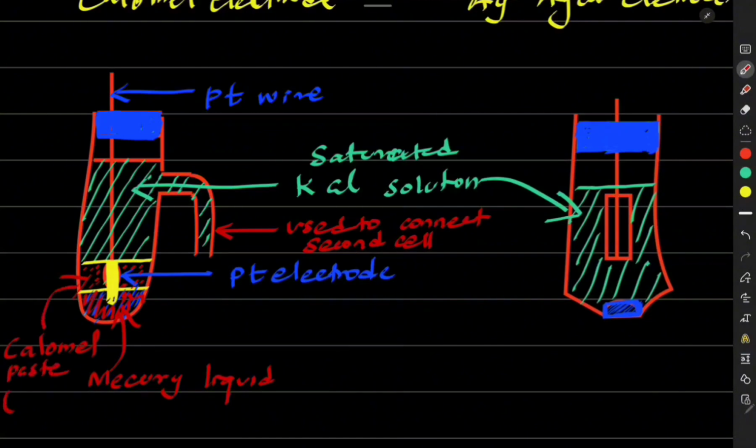Calomel paste means Hg2Cl2. This is mercury liquid and this is calomel paste, which is Hg2Cl2.